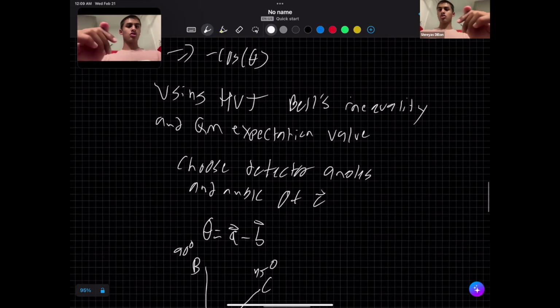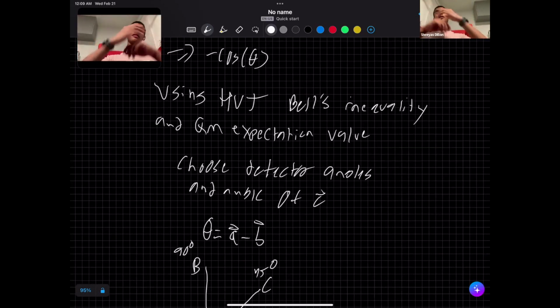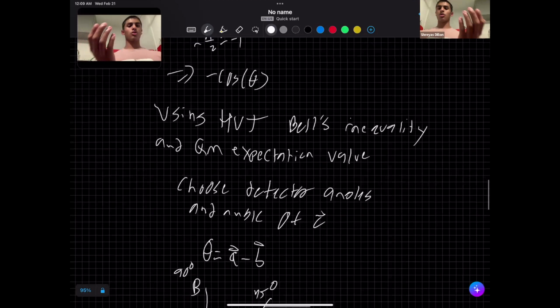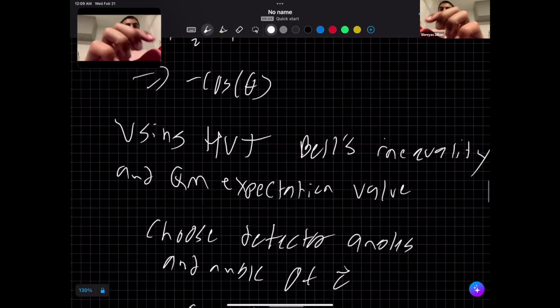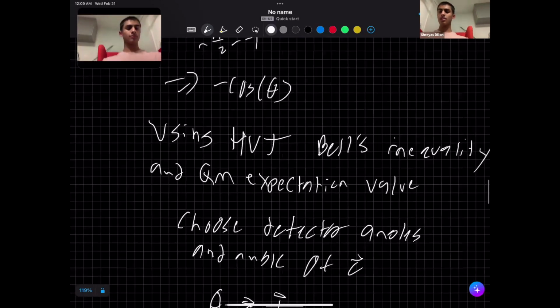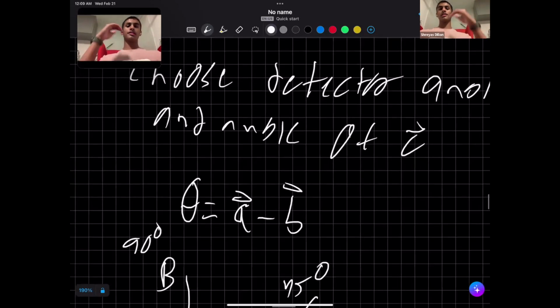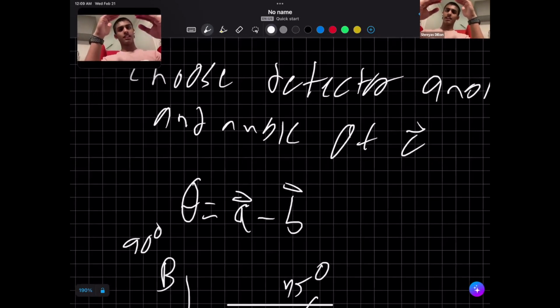We can now choose our detector angles to actually provide a numerical disproving. Because right now we just have Bell's inequality. We don't see why it's actually disproved. So all we need to know now is that theta, this angle right here, negative cosine of theta, is going to be equal to the detector angle of A minus the detector angle of B.